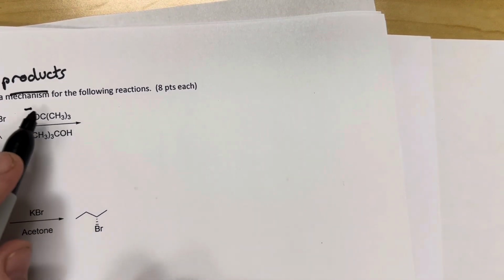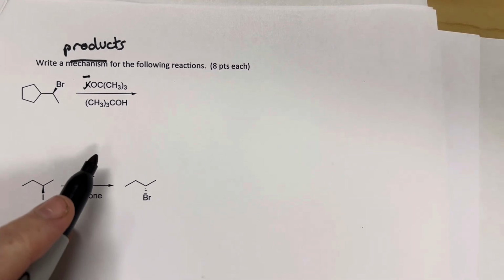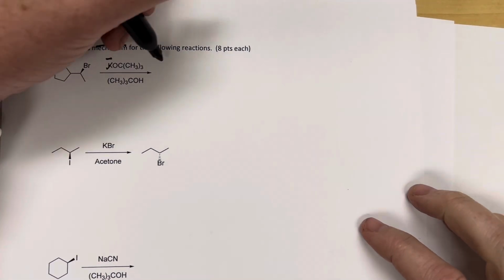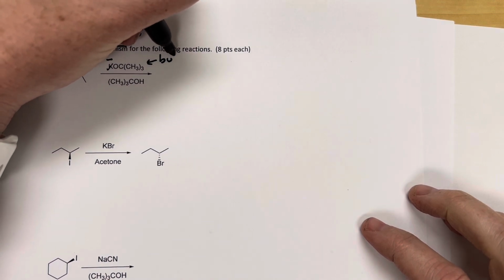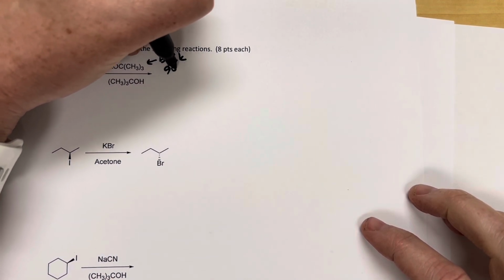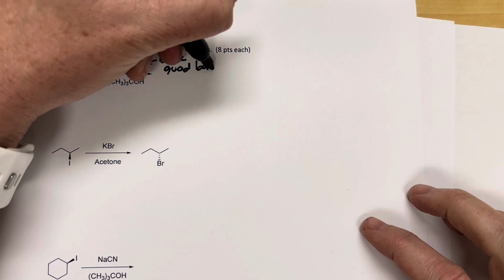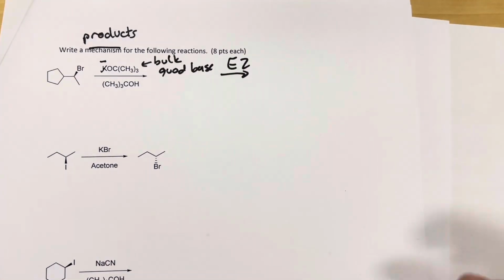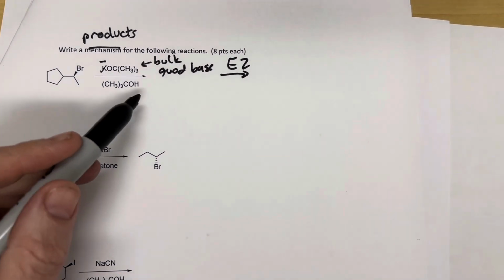This is that tert-butoxide that we've talked about over and over again. So tert-butoxide is a bulky, good base. If you have a bulky good base, that means it proceeds via E2.